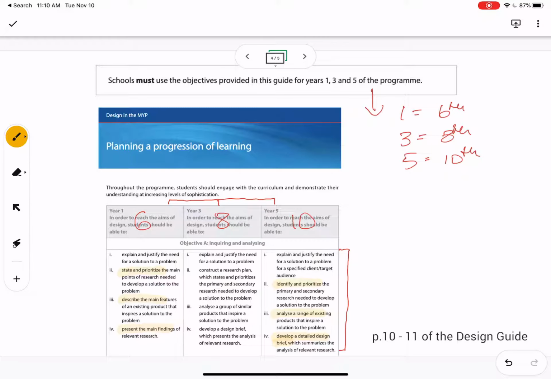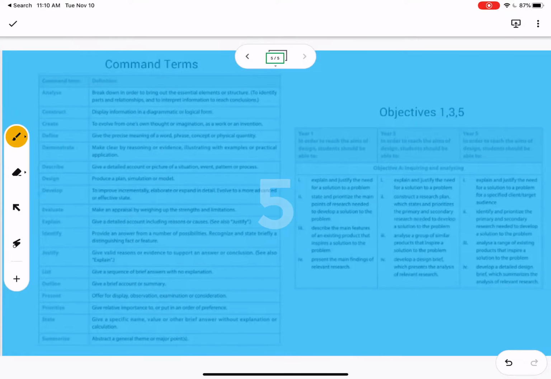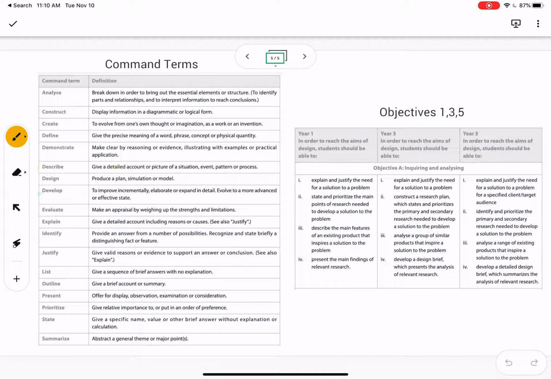All of these progressions of learning are aligned with the command terms, and the command terms are found in the appendix of your subject guide, round about page 55. Each one of these command terms aligns to the way in which we are developing the MYP student to perform in either DP or CP examinations in the programme.